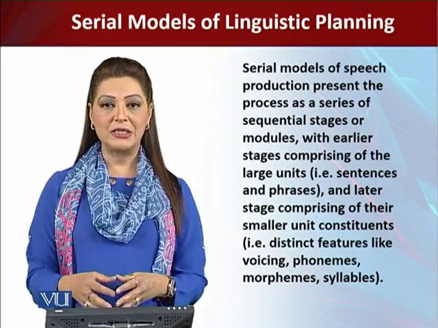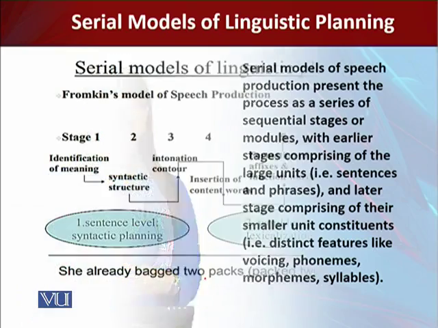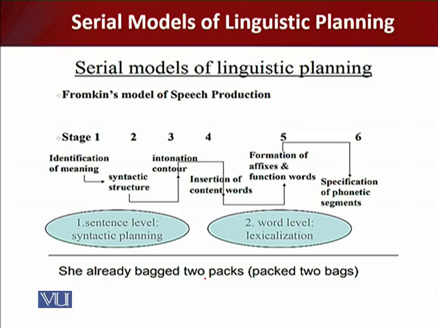Now we will look at some of the points in more detail. We have discussed Levelt's model, Dell's model, Garrett's model, and now we have Fromkin's model of speech production. Again, you can see that it has different stages. The important aspect of serial models is that they present stages or different levels of speech production.